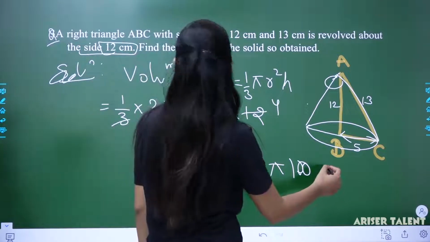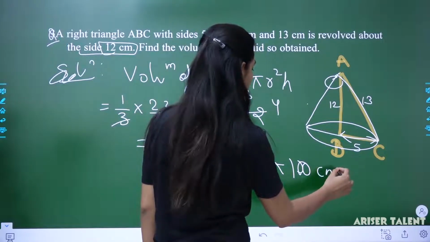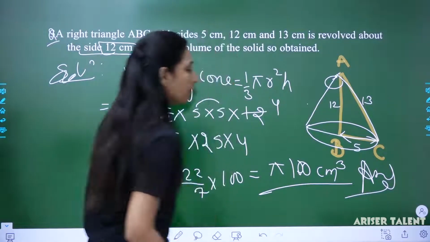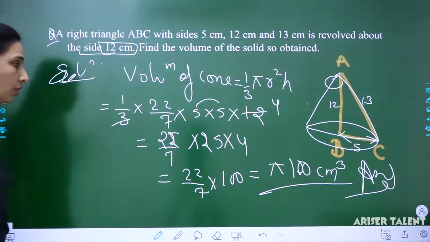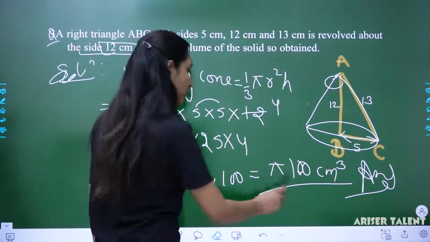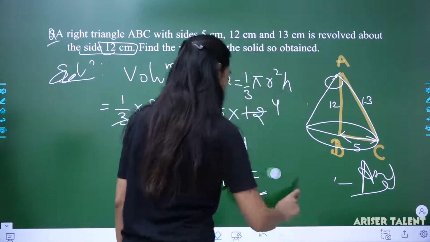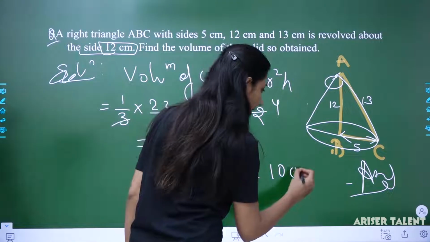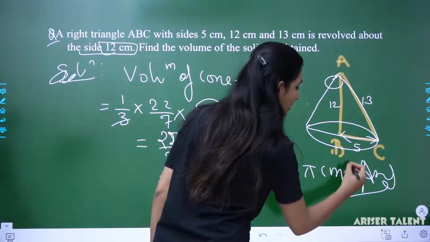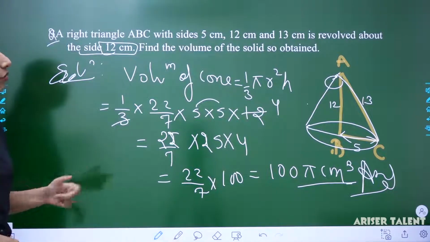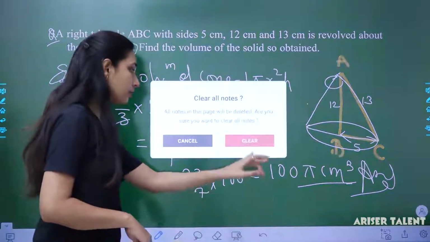What? In centimeters cube. That will be your answer. You can just solve it by 22 by 7 also. Okay, so that will be your 100 pi or pi 100, and in standard form you will be writing it as 100 pi centimeters cube as your answer. So that will be the volume of the solid so obtained.